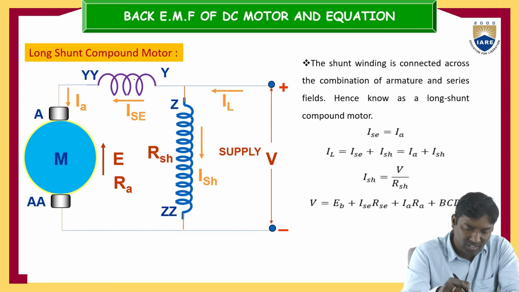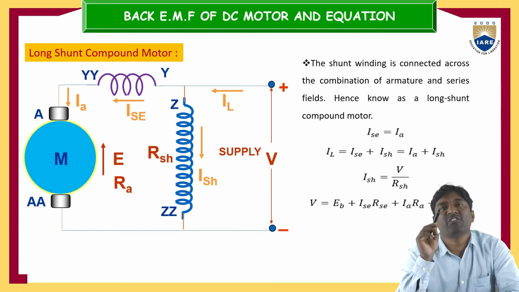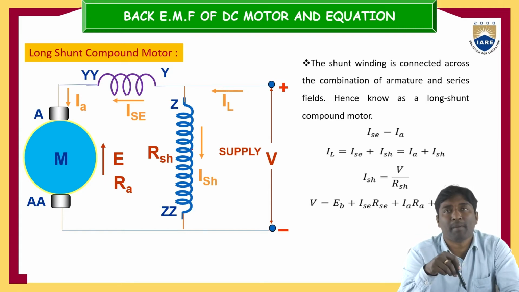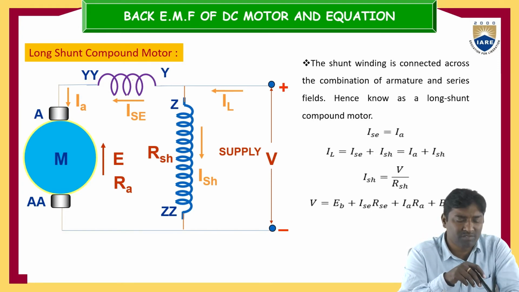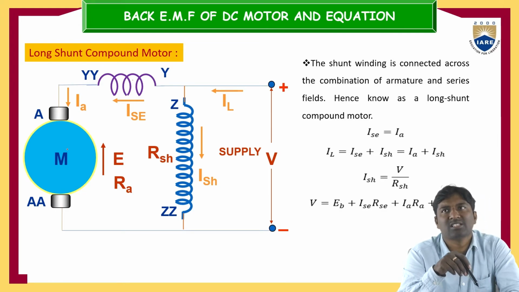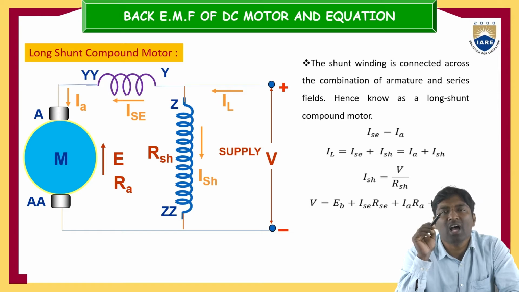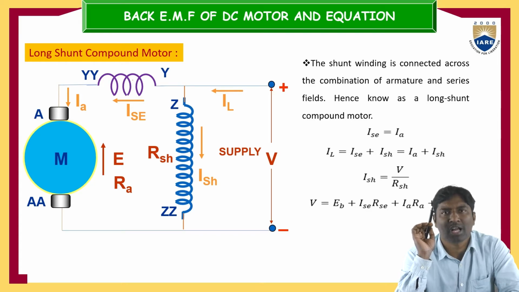The series field winding is connected in series with the armature winding. Both are connected in parallel with the shunt field winding, because the shunt winding is connected across the combination of the armature winding and series field winding. Hence, this is known as a long shunt compound motor.